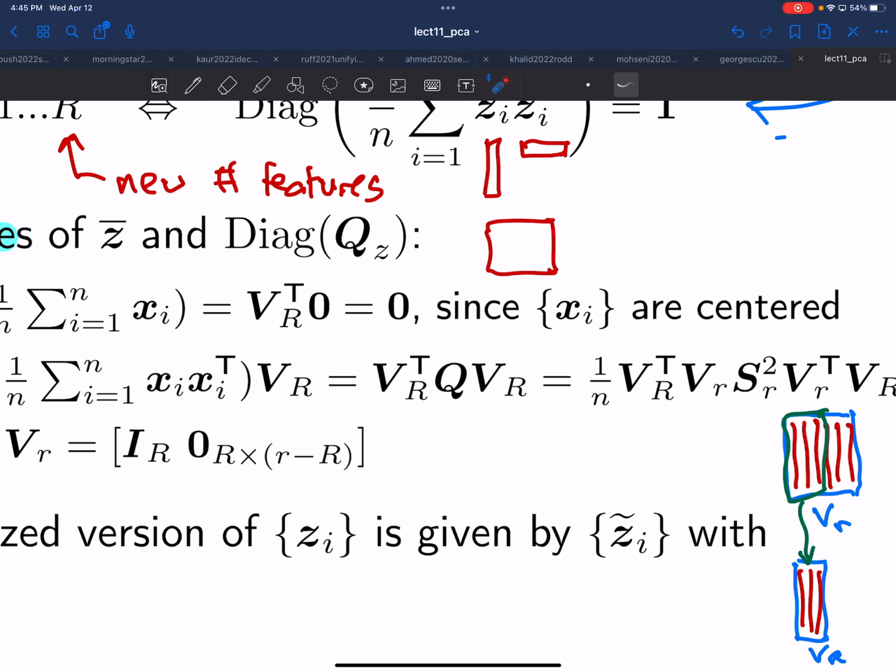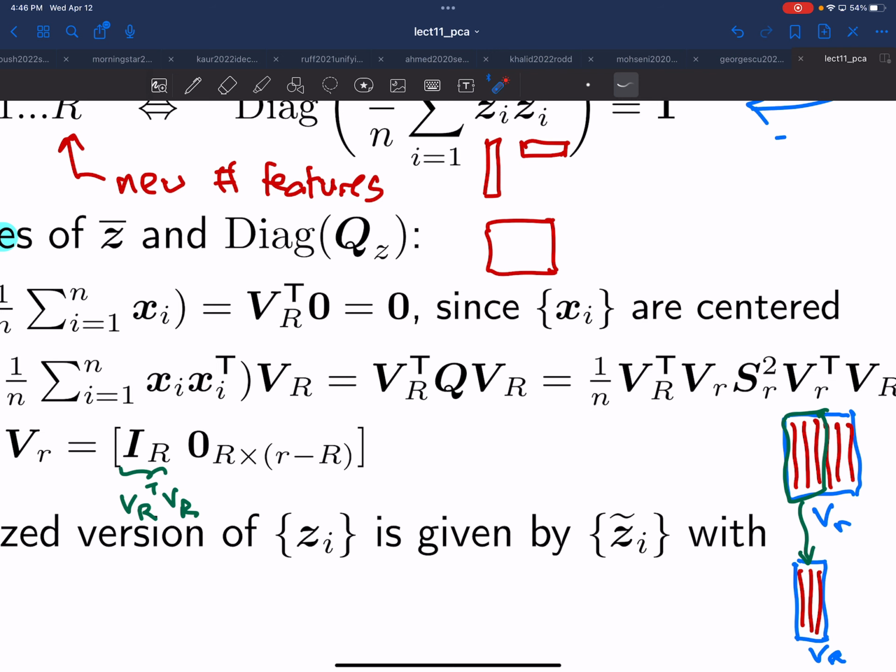As a result, you get IR. This is basically your V big R transpose V big R. The other stuff comes from inner products between these and these. Since these are orthogonal to these, and these are identical to these, then these must be orthogonal to these, which means their inner products are all 0. All combinations of inner products are 0, and that's where you get this zeros matrix.